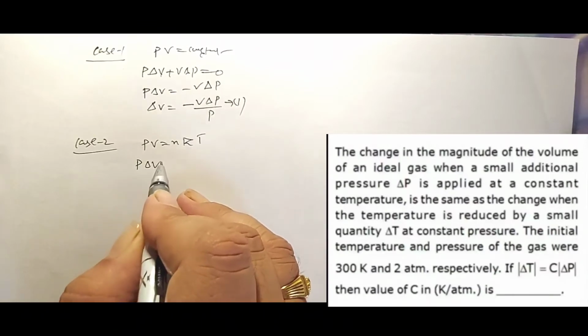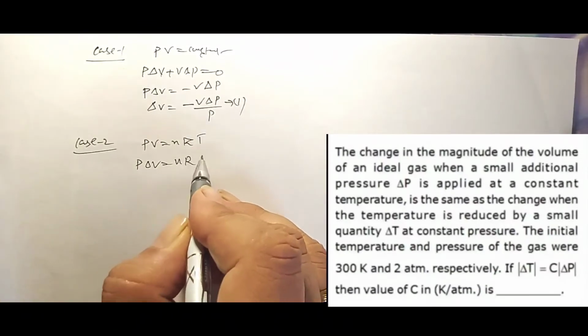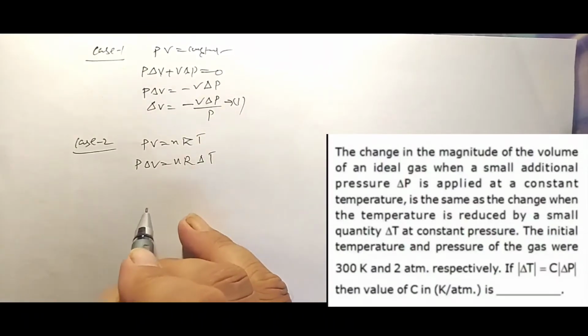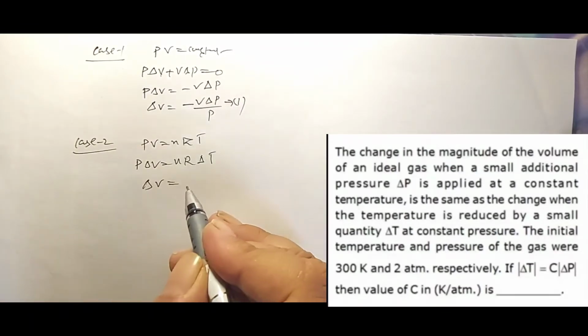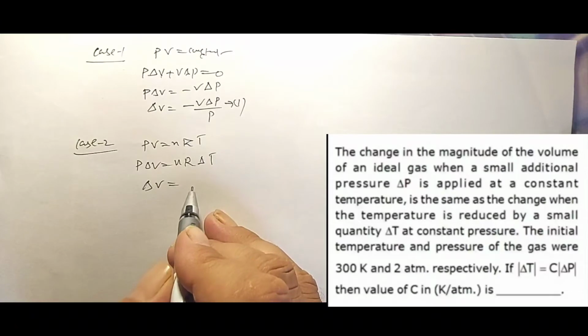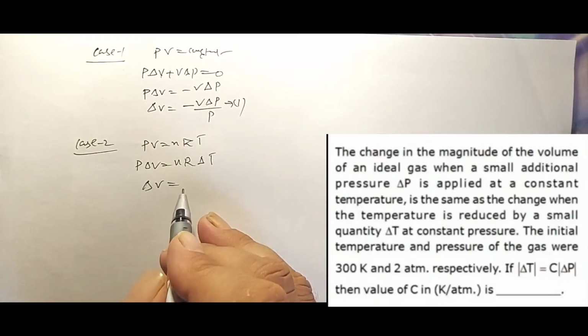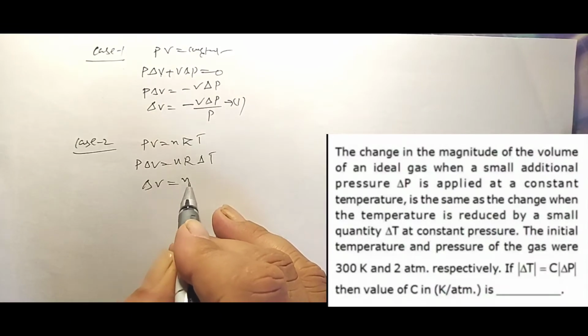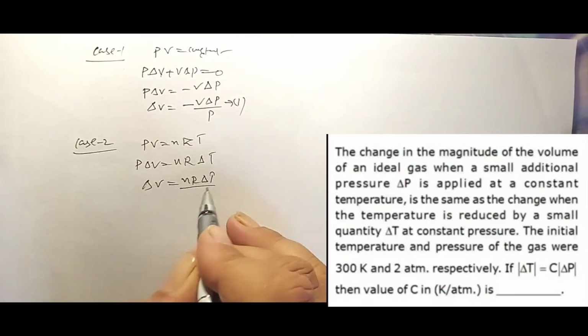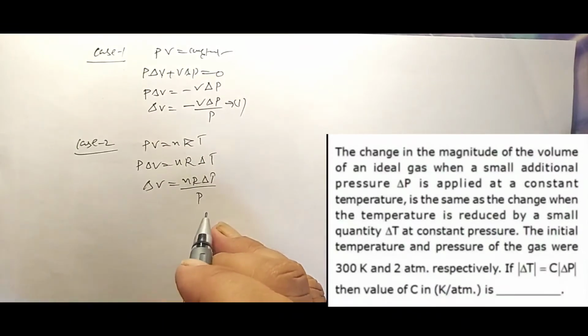P into delta V is equal to nR into delta T. So delta V is equal to nR delta T by P.